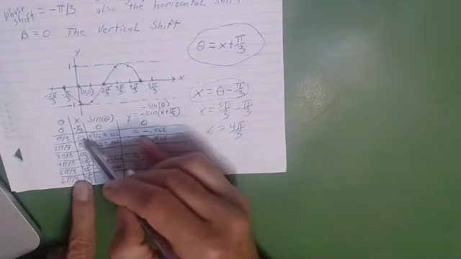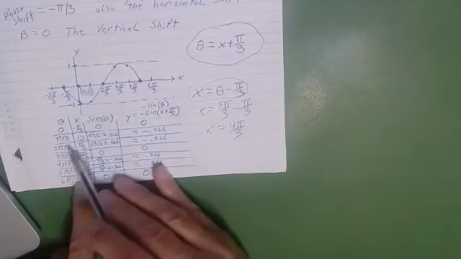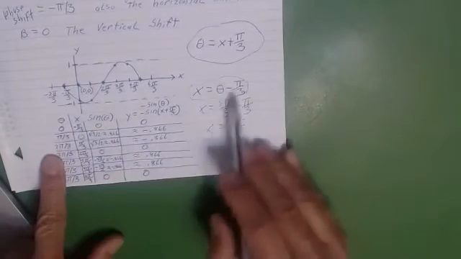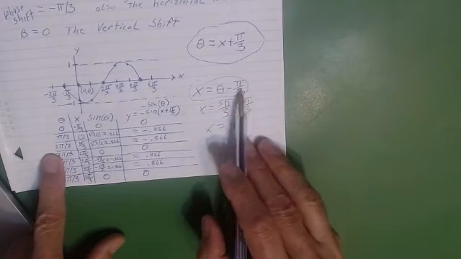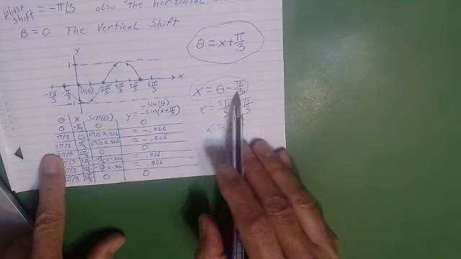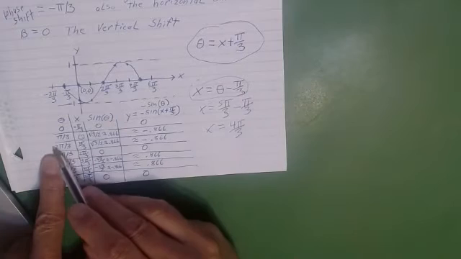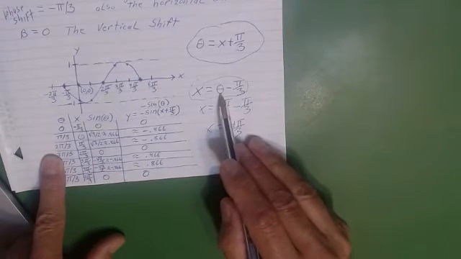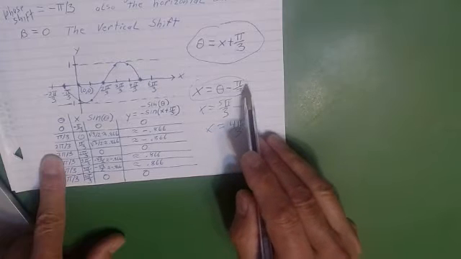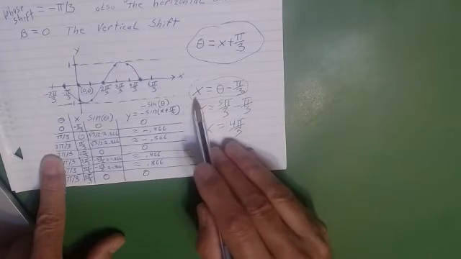So I just put the value of x here. Then I plug the next value for theta into this equation. 2 pi over 3 minus pi over 3 is pi over 3. So when theta is 2 pi over 3, x will be 2 pi over 3 minus pi over 3, which is just pi over 3.